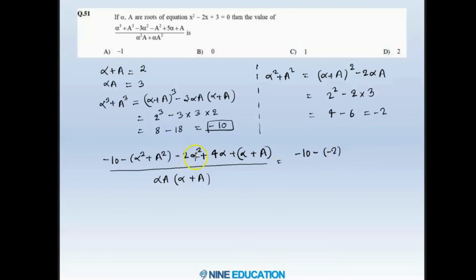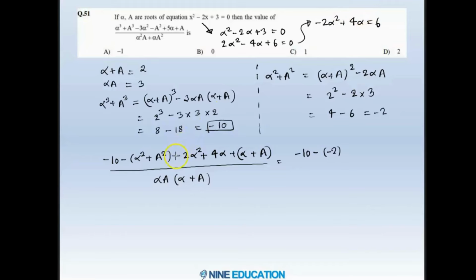and again I can observe that here it is minus 2 alpha square plus 4 alpha. If you see this equation, alpha is a root of this, so I can say alpha square minus 2 alpha plus 3 will be equal to 0, and if I want, I can also multiply with 2, so it will be 2 alpha square minus 4 alpha plus 6 equal to 0, and from there I can also say that minus 2 alpha square plus 4 alpha value is basically 6.